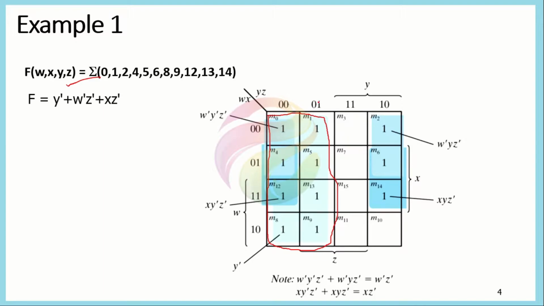And from the column, you see that the value of y is constant, which is 0, while z is changing here. So the final result of this whole is y complement. So this whole 8 adjacent ones box is represented by the y complement term. Now we will have to look at the other combinations of 1.